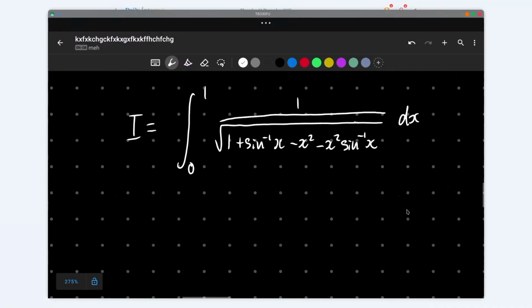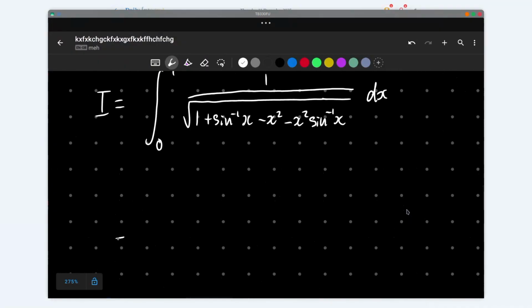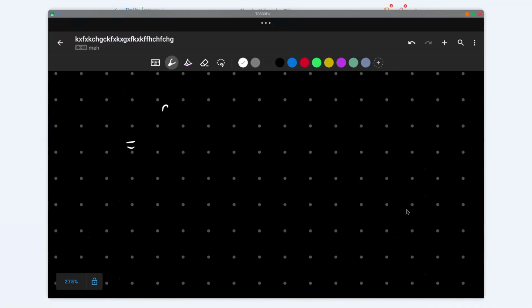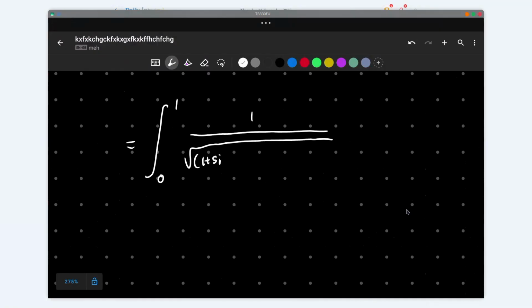This is equal to the same integral, 1 over the square root of 1 plus arcsine x minus x squared, dx.